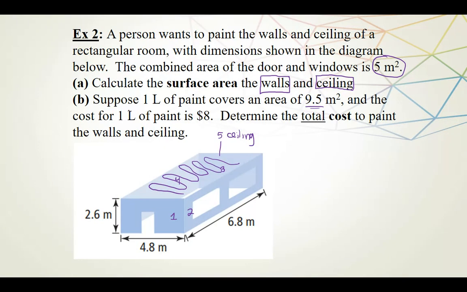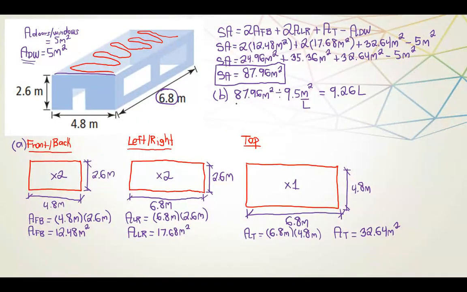Now, it also tells me that 1 liter of paint is $8. So all I need to do now is take the number of liters of paint that is calculated and multiply it by 8. So your total cost would be equal to the number of liters of paint that I need multiplied by the cost per liter, and the cost per liter is $8 per liter.